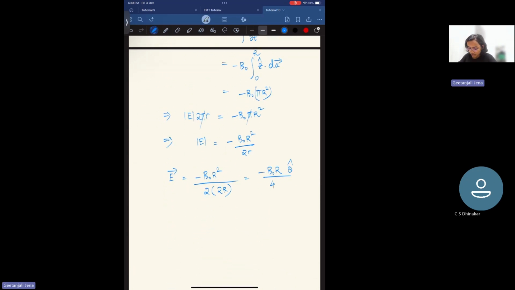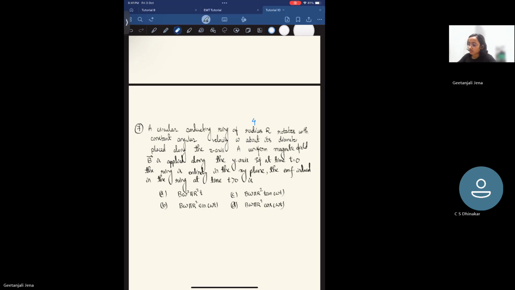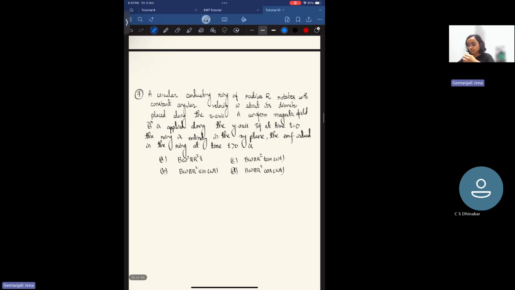Okay, so let us see question number 7. For question number 7, we have a circular conducting ring of radius R, which rotates with a constant angular velocity omega about its diameter, placed along the x-axis, and there is a uniform magnetic field B applied along the y-axis.